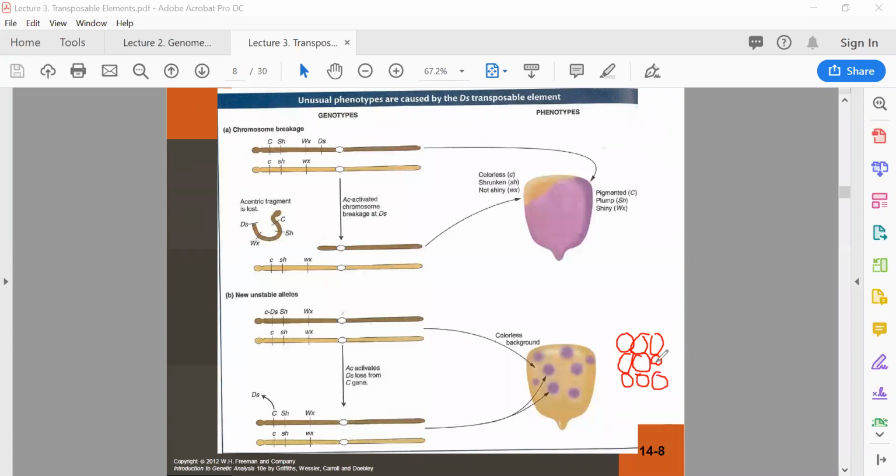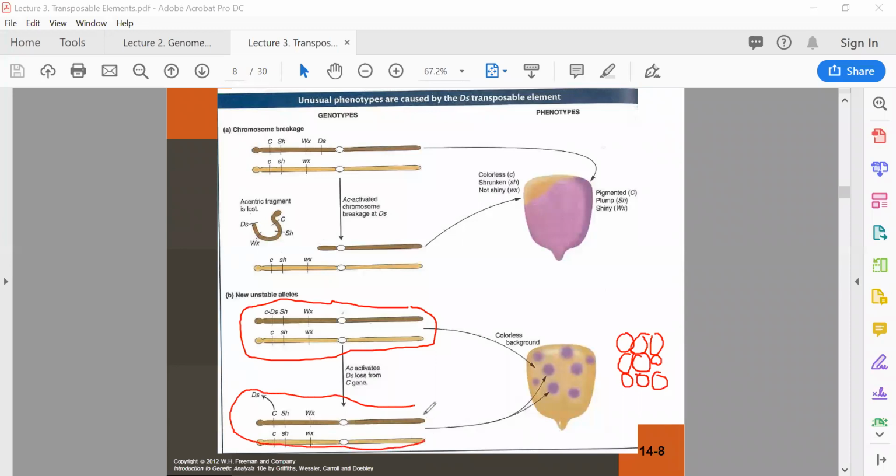Just a few cells, and all of them have this genetic background here, this genotype, I should say. All of them have this genotype at the 9 cell stage, right? But let's say that during that stage, this happens.